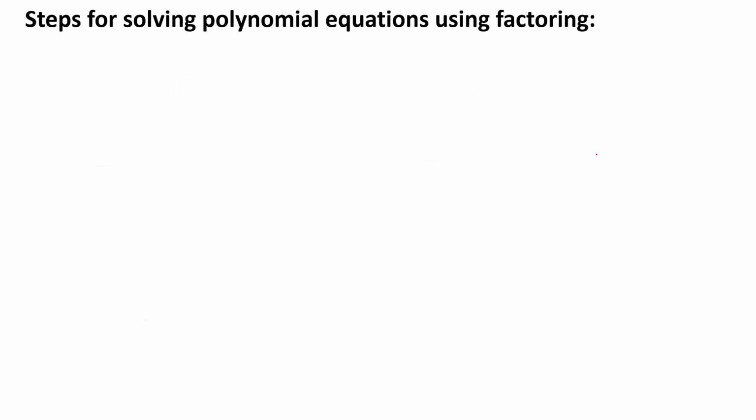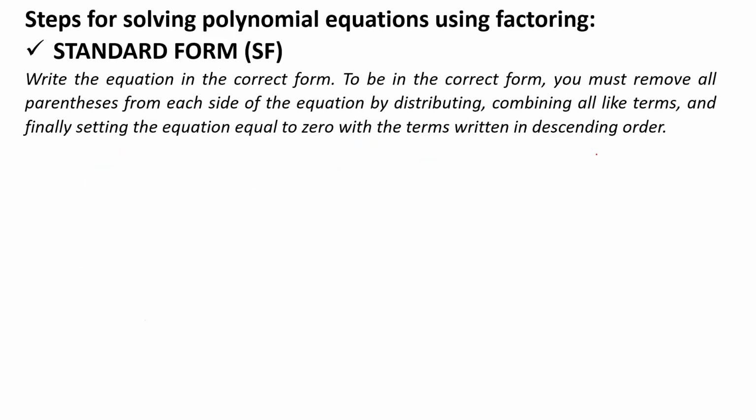Okay. So now, we will now solve polynomial equations using factoring. Here are the steps. First, the standard form. So we need to write the equation in correct form. Obviously, pag correct form, naka-read siya from descending order. So, naka-remove lahat ng parentheses.